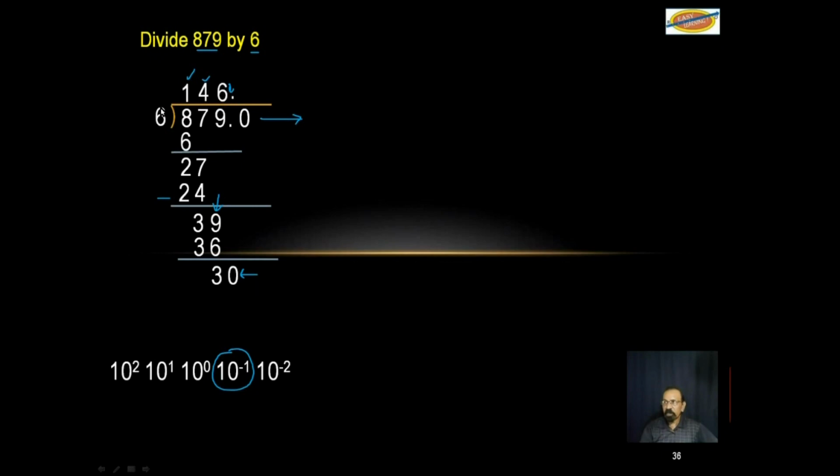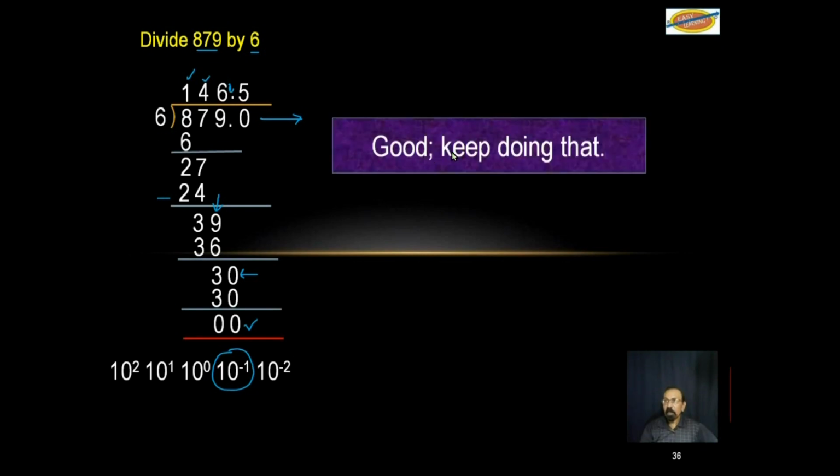And we say 6 into 30, 6 fives, 30. You subtract this and you get 0. So essentially, you divide 879 by 6 and you get 146.5. This is what you learned, and it's good. Keep doing that.